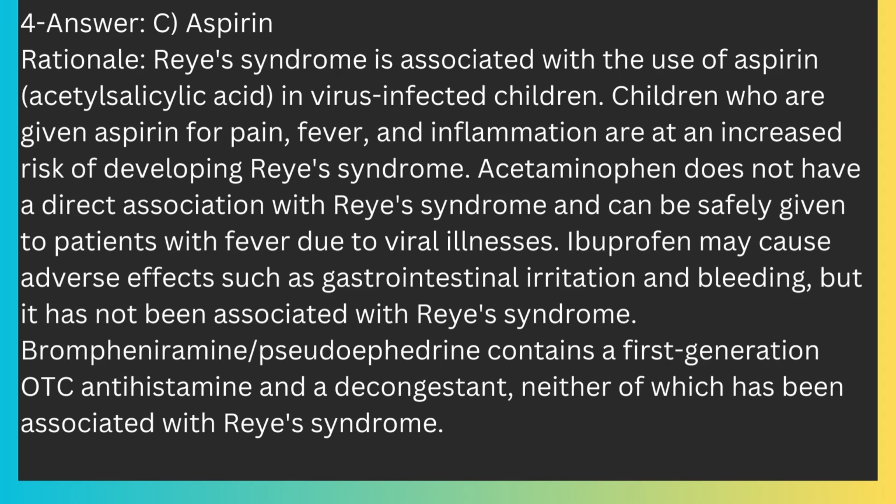Ibuprofen may cause adverse effects such as gastrointestinal irritation and bleeding, but it is not associated with Reye's syndrome. Brompheniramine pseudoephedrine contains a first-generation OTC antihistamine and a decongestant, neither of which has been associated with Reye's syndrome.